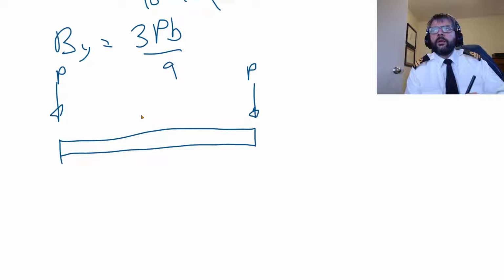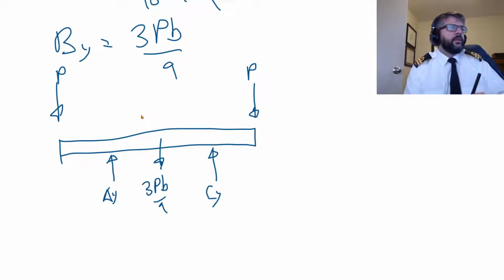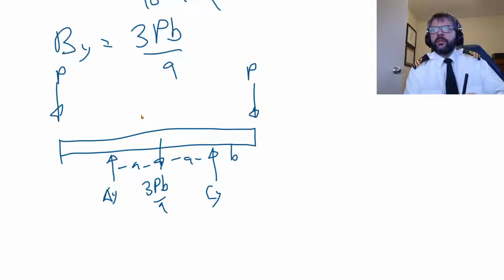We got P there and there. We've got Ay, got Cy, and we've got 3PB over a there. So this is a from here to here, and a from here to here, and then b from here to here.